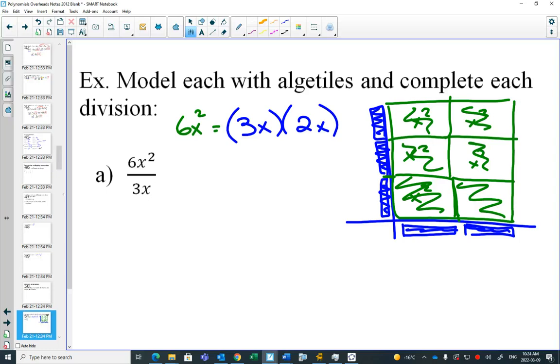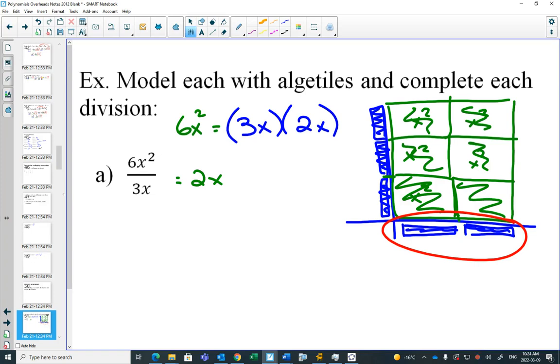And so 6x squared divided by 3x, according to the algetile model, you would not know this side. You'd put your 6x squareds in there so that they fit with 3x on one side, and you'd be trying to find the other side. And the answer is 2x, because that's in that red circle what was missing.